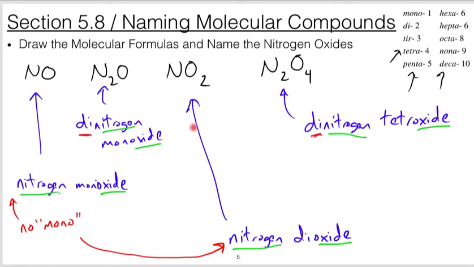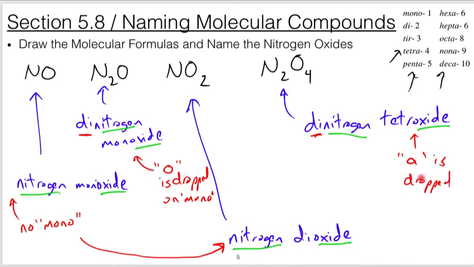The other thing to notice, and this really only deals with the oxide name, notice I did not say monooxide or tetraoxide. And so what we see in here, O is dropped on mono, and then here, the A is dropped. So what's in red here are some of the subtle issues you have to keep track of when you're naming these molecular compounds.